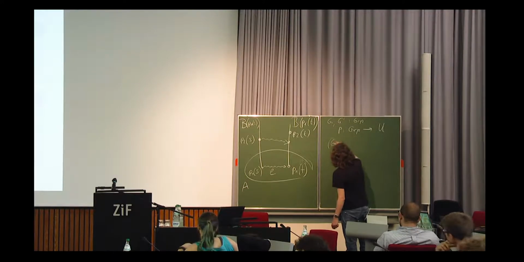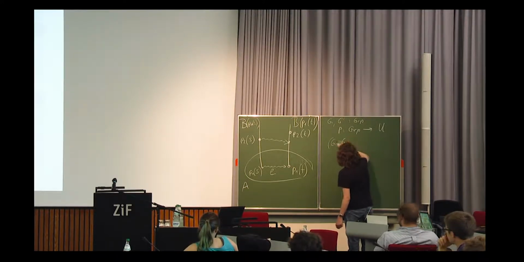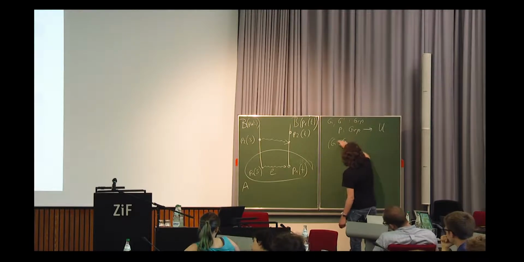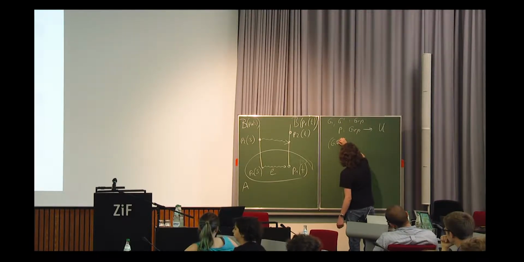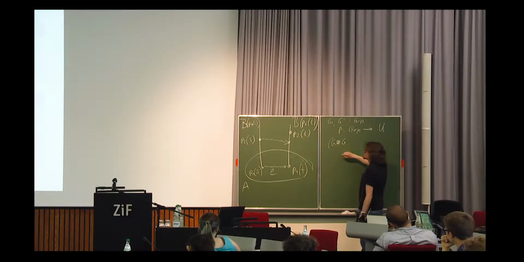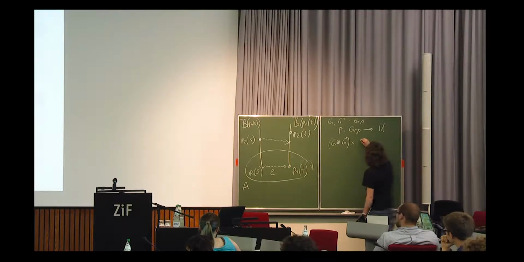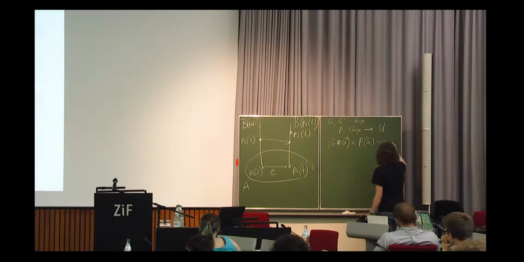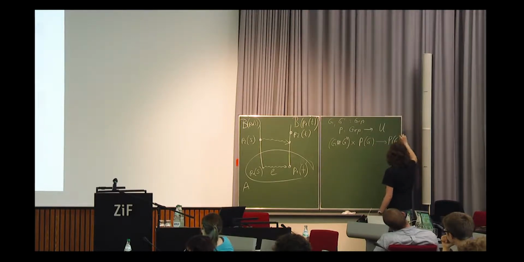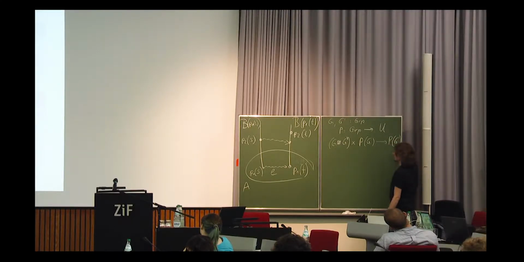Then I get a map or a function that takes as input an isomorphism between groups, and a proof or a construction of type P on G, and gives me the same or analogous construction of a proof of a property on G prime.